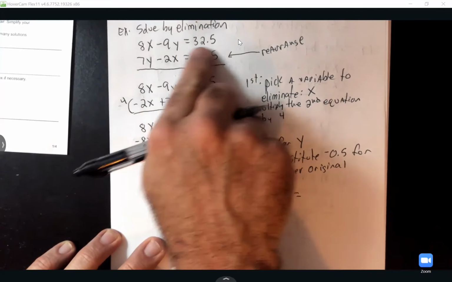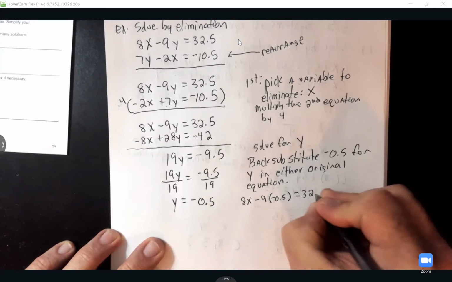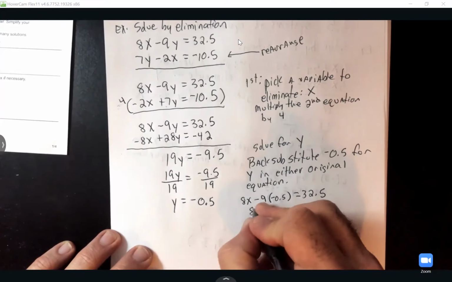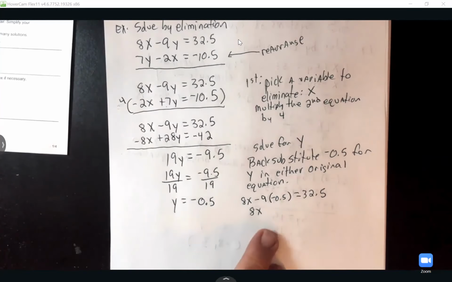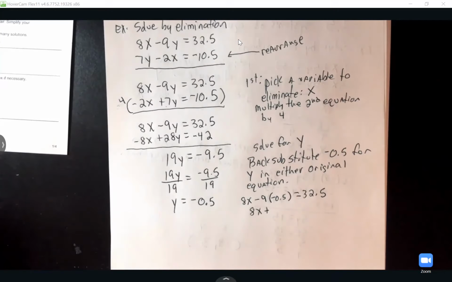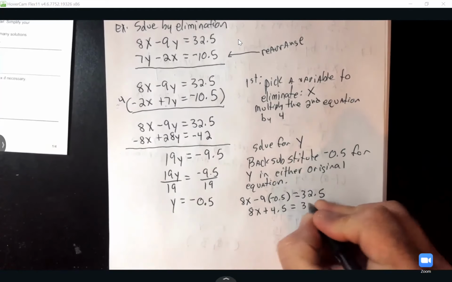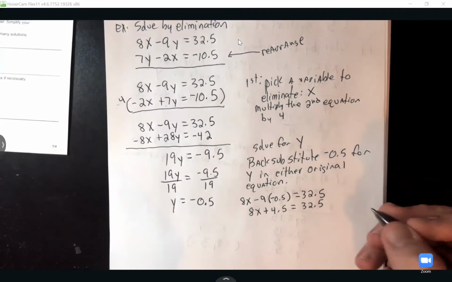All that's going to equal 32.5. All right, y'all. So first I'm going to multiply. That's going to give me a positive because I got a negative times a negative. So negative 0.5 times negative 9 will give me a 4.5. That's going to equal 32.5.